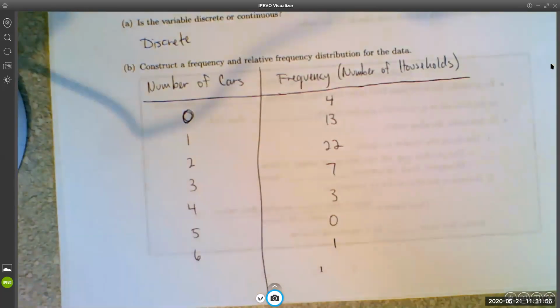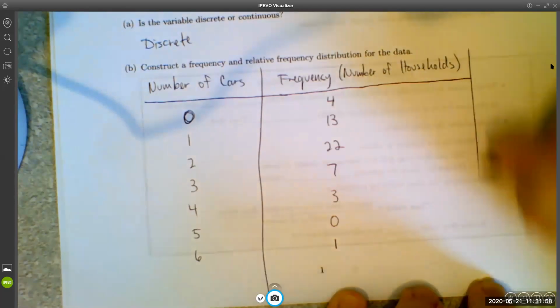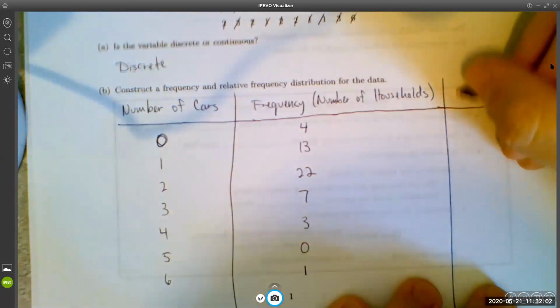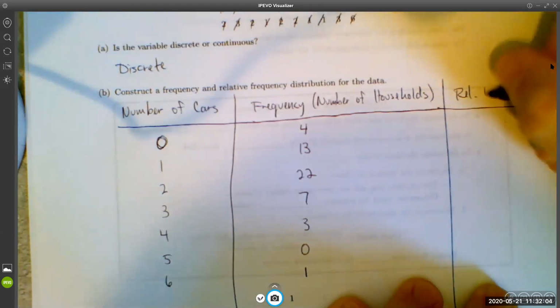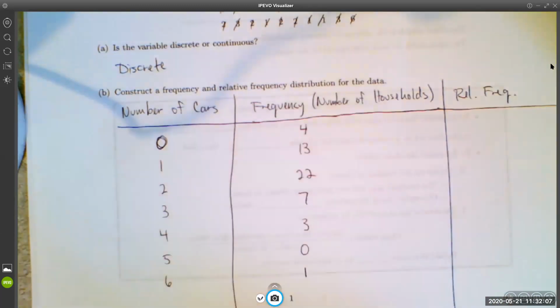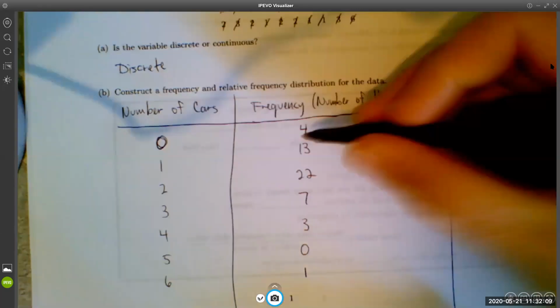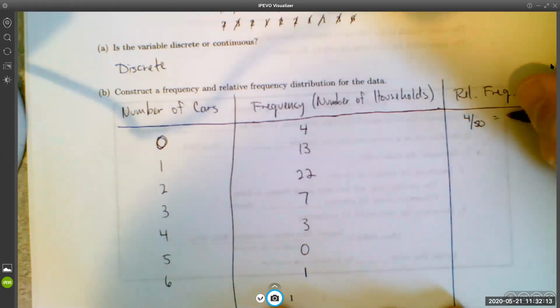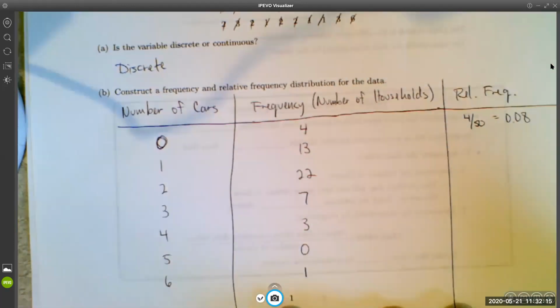Now, if we wanted a relative frequency distribution, then we would divide all of our frequencies by the total. So we would divide 4 by 50, and that would give us 0.08. In other words, 8% of households.